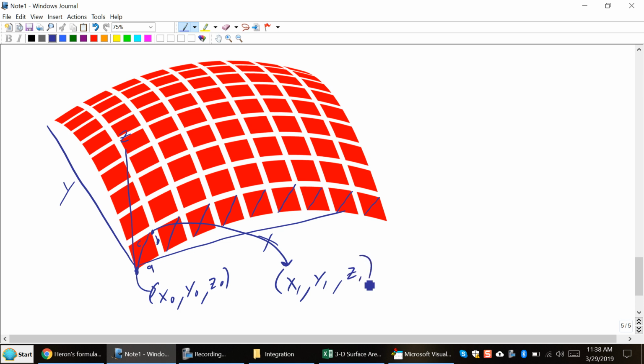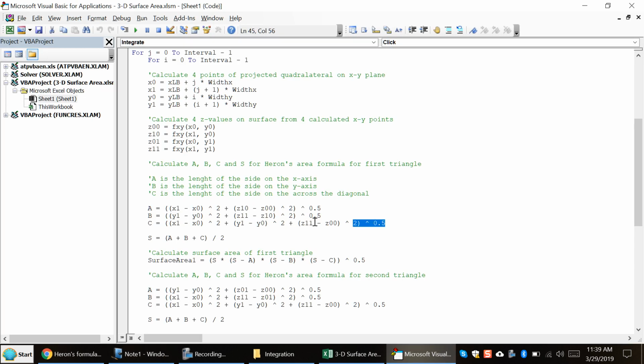So I actually have to calculate the distance using the 3D distance formula, which you've probably all seen at some point in your life. And so that's why for the C value I have to use all 3 coordinates, whereas for A and B I only have to use 2 coordinates. Even though technically I could still plug in 3 coordinates, it would just be 0.